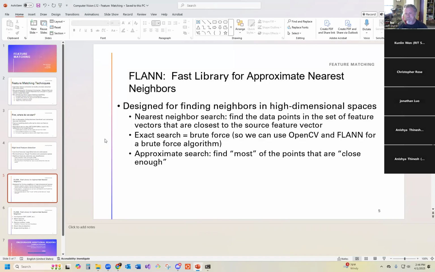So keep in mind, FLANN wasn't built for computer vision. It works very well for computer vision, and if you have a good understanding of the model itself, you can use it for other things quite well.